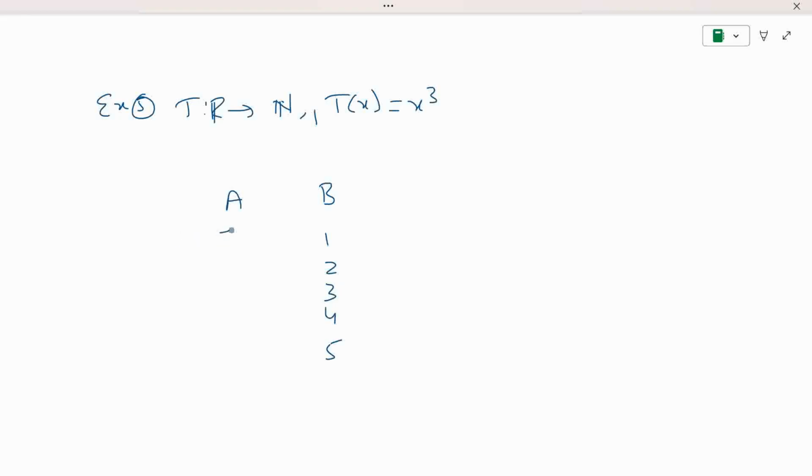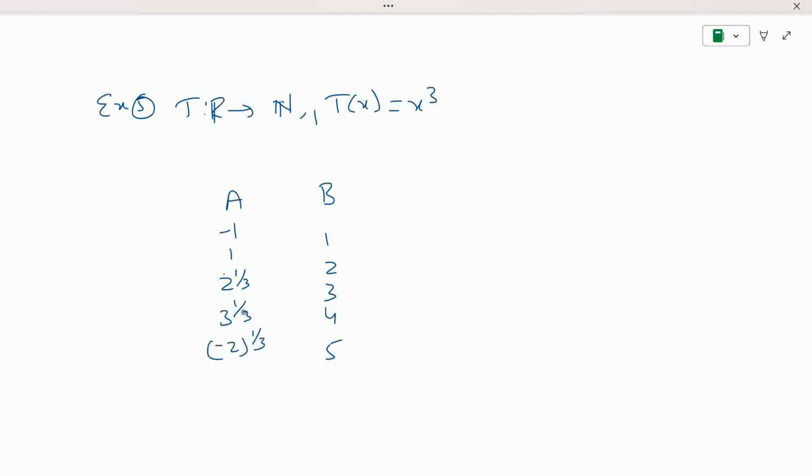Here we have anything for that matter, 2 power 1 by 3, whatever it is, 3 power 1 by 3, minus 2 to the power 1 by 3.